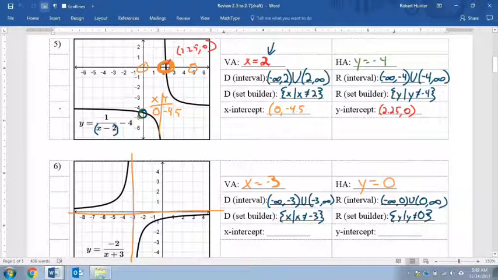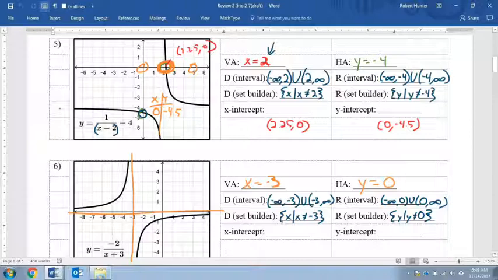I switched these two up here. Oops. This is actually the y-intercept, 2.25, 0, and this is the x-intercept, 0, comma, this is the y-intercept, -4.5. Oops. I put them in the wrong spots. Sorry. Alright.